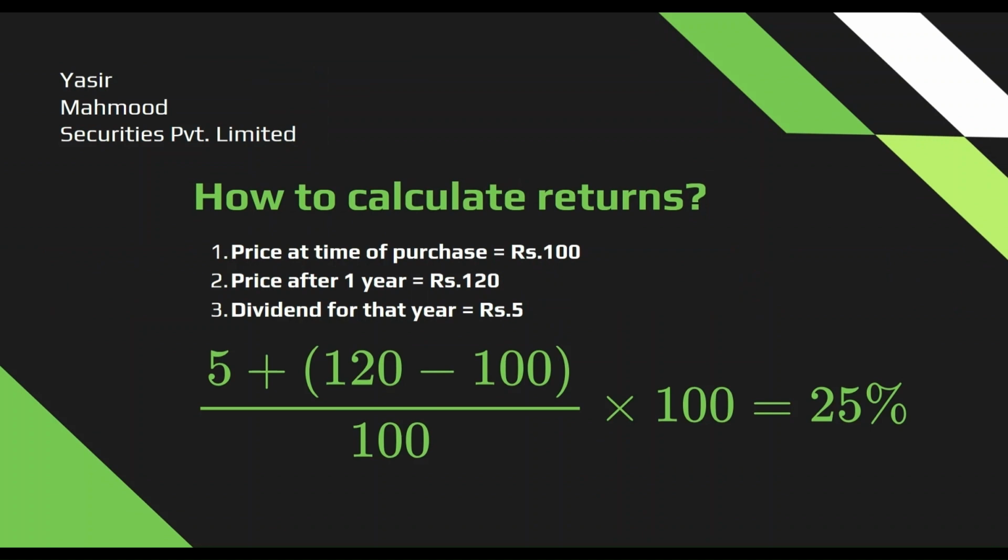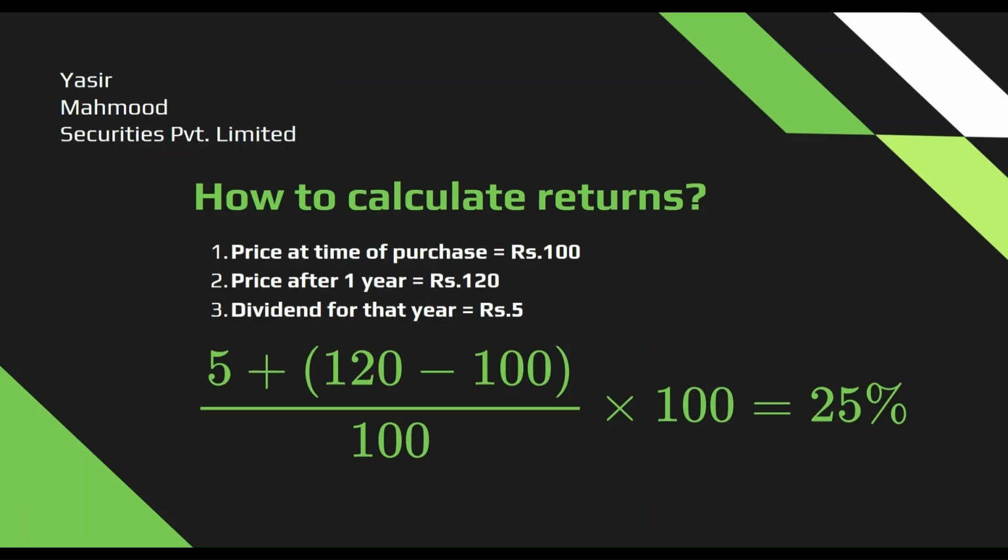Starting with the simpler part of the sentence, how do we calculate returns? Now imagine you buy a stock today for rupees 100, you hold it for a year, and you get 120 rupees for the sale of it after a year. During the year, you also get 5 rupees as a dividend.